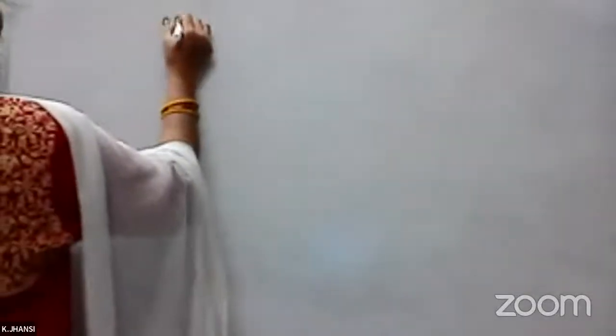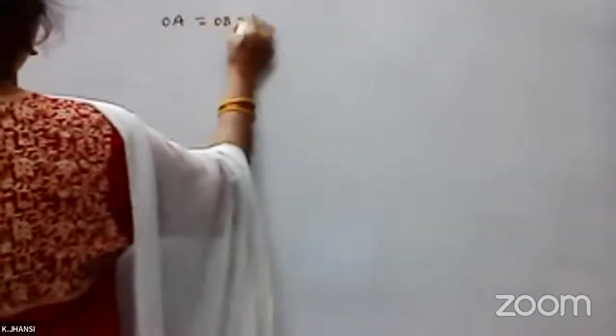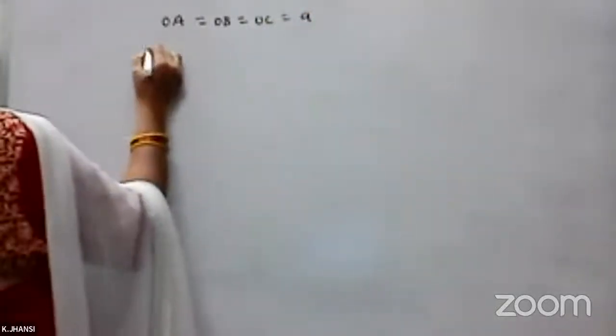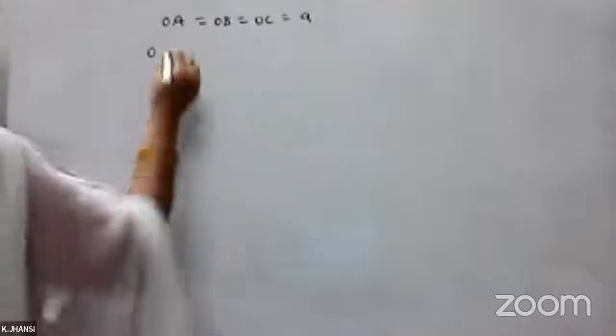So here OA equals OB equals OC equals A. First you see the coordinates of this one. The diagram you have in your textbook.